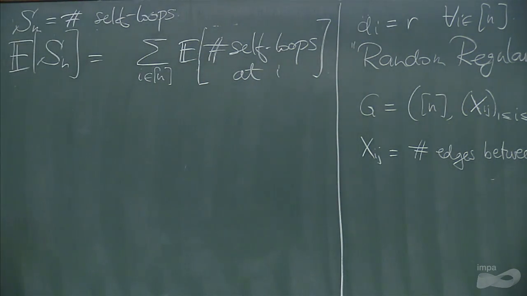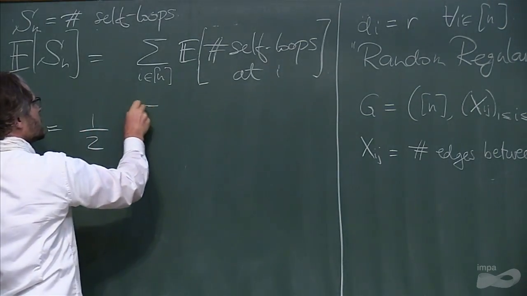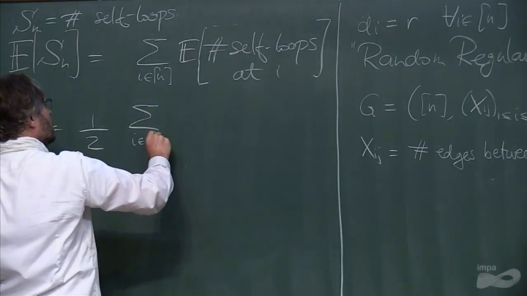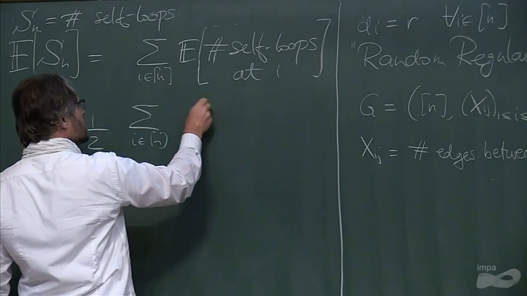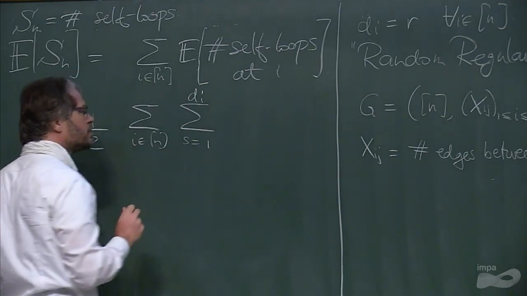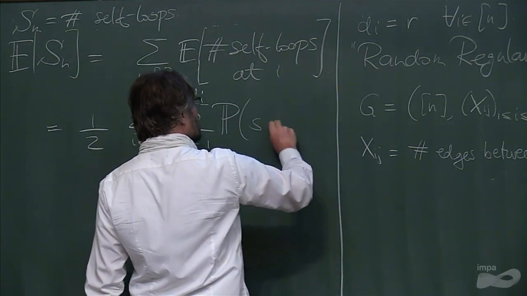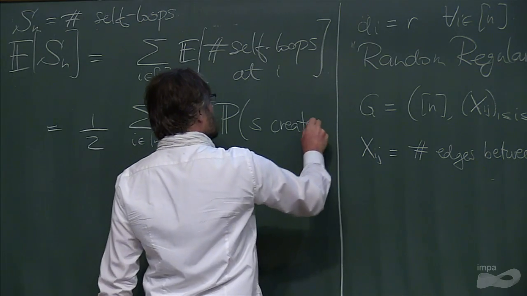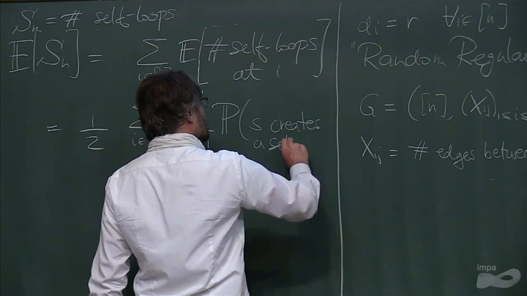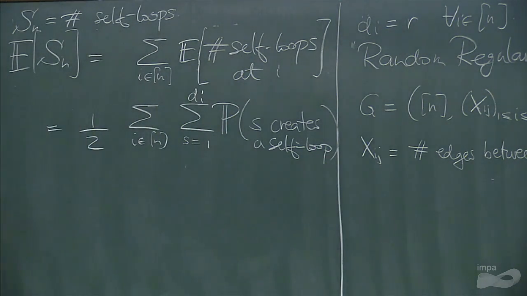That's equal to 1/2 the sum over i in [n], the sum from s = 1 to d_i, of the probability that s creates a self-loop. The 1/2 comes in because of symmetry.